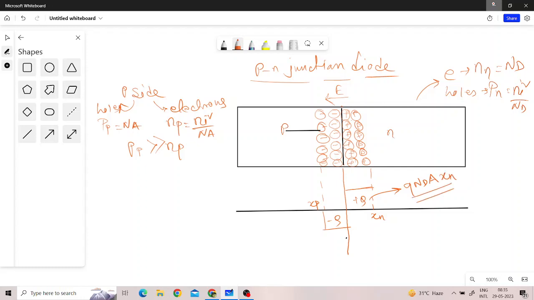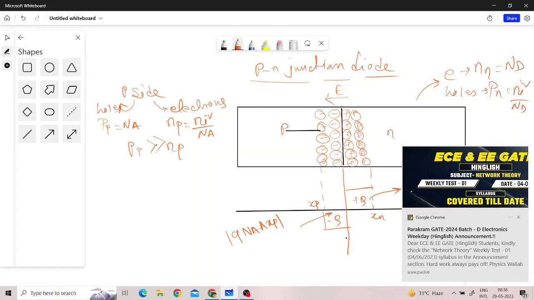This is the amount of charge here, and the amount of charge here, let's take its mod value, q Na A into xp. Similarly, if we equate, this amount of charge will be the same if we take its mod value, because the amount of electrons that go from the N side to the P side, the same amount of holes come from the P side to the N side and they recombine.